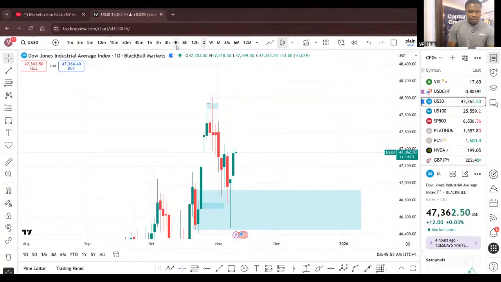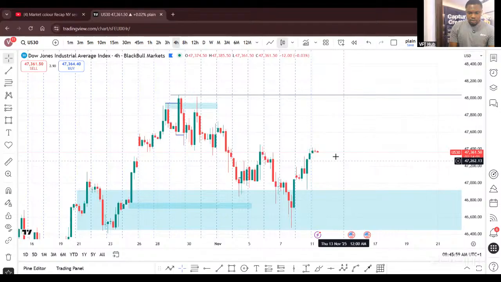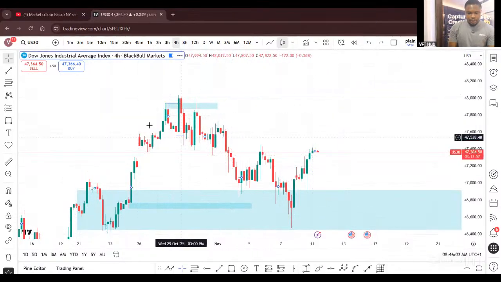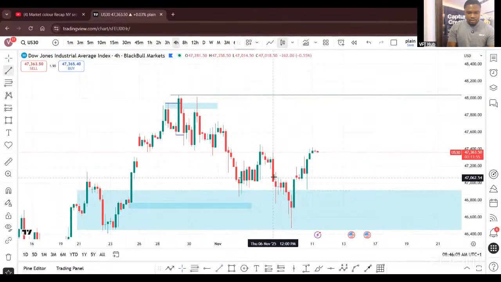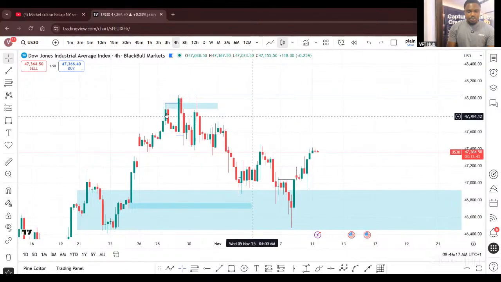So on the 4-hour time frame, what do we have? On the 4-hour time frame, the market is still in a way bearish, right? Although we've seen a shift here. This is the first shift of structure, and it has been retested. Price shifted structure to the upside, and then came and tapped 50% of the fair value gap to continue, right?